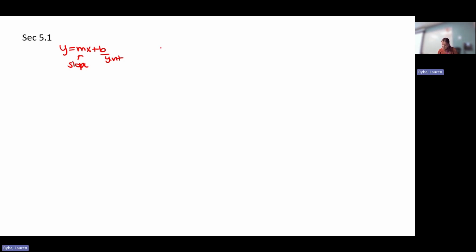If it is in standard form, ax plus by equals c, you're going to use your x and y intercepts, where you plug in 0 for x to get y, and 0 for y to get x. I feel like we did that in here. So x and y intercepts is going to be the quickest way to graph them.